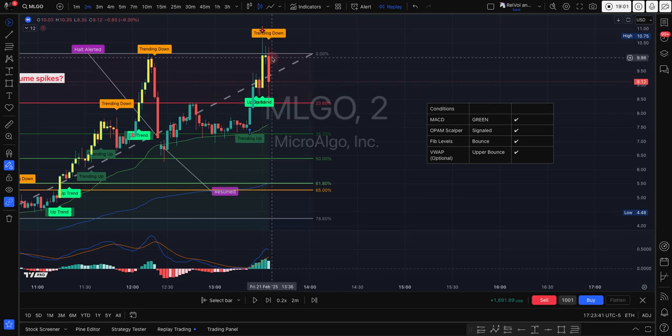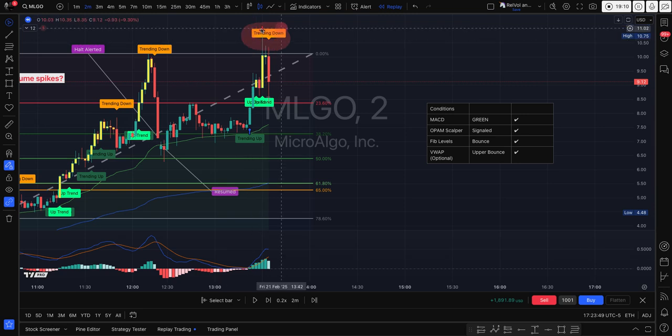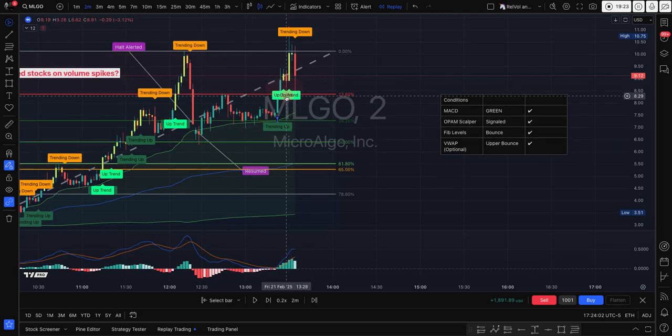And if you didn't have the take profit, you may be selling around 20% because trending down came down as well. Trending down signal was here as well. So even if you didn't buy at trending up, there was uptrends a couple of times. That also is going to get you like 10%. So multiple areas that you could have basically made profit.